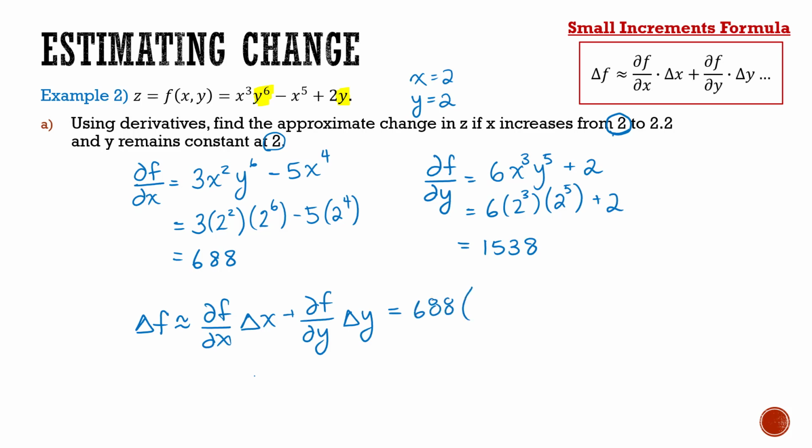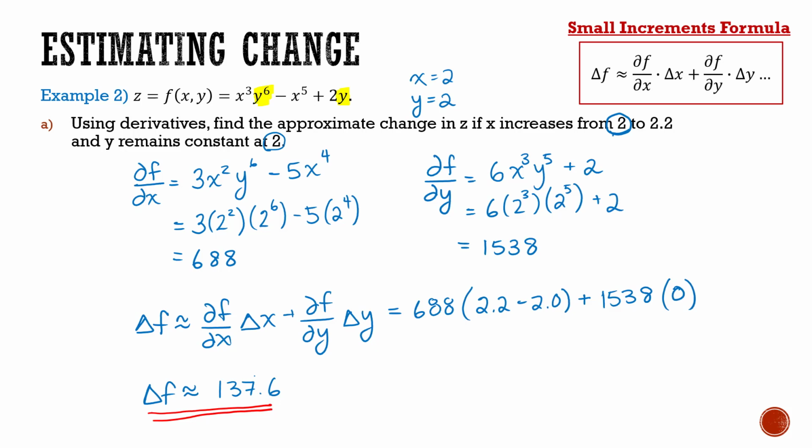And the change in x I'm looking at, I'm going to write my new value of 2.2 minus my old value of 2.0. Plus df by dy, 1,538. And now my y is not changing, so the change is going to be 0. Working this out, I get the change in f is approximately 137.6. That's the estimate for the amount of change in f.